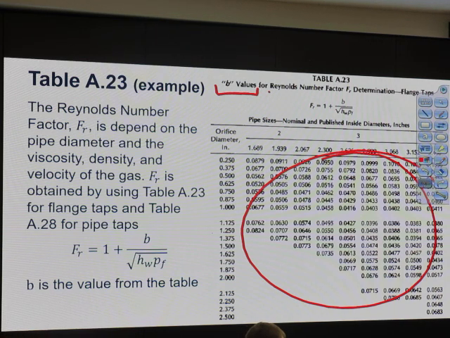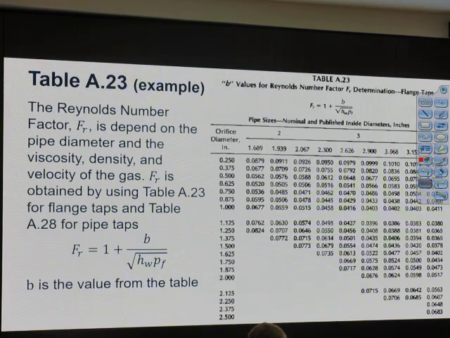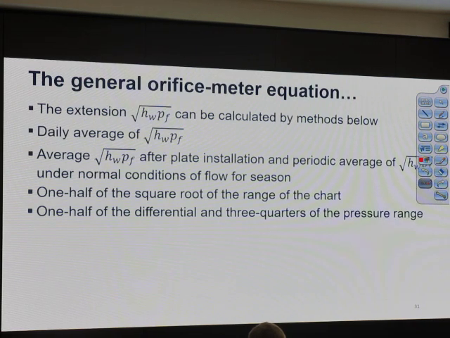So F sub r is the second one. The first one is the basic orifice factor, the second one is F sub r. F sub r is for Reynolds number. They call it the Reynolds number factor, dependent on pipe diameter, viscosity, density, velocity, gas. Use this table for flange tap and pipe tap. It's just reading the table.